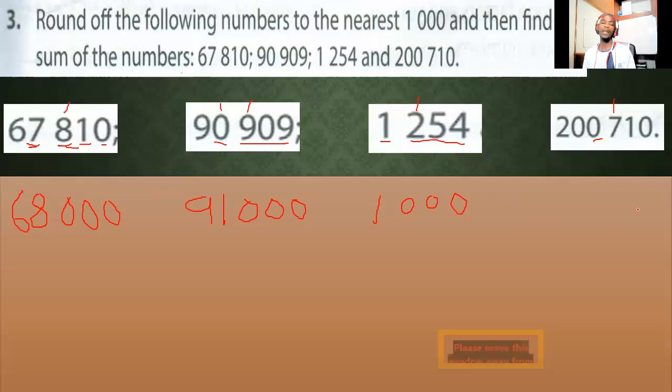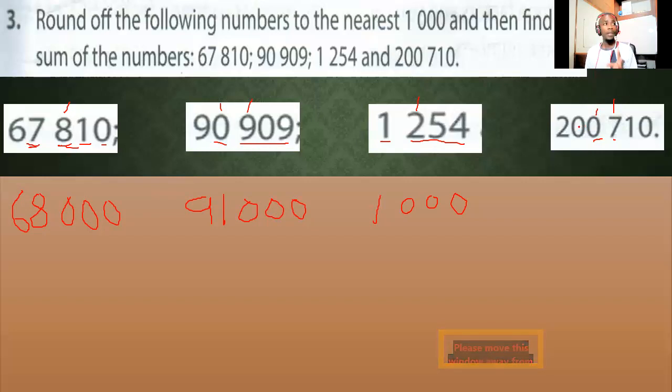Okay. Now, the last one. 200,710. On the hundreds, we've got 7. 7 is bigger than 5. So we add 1 on the thousands. On the thousands place value, we've got 0.